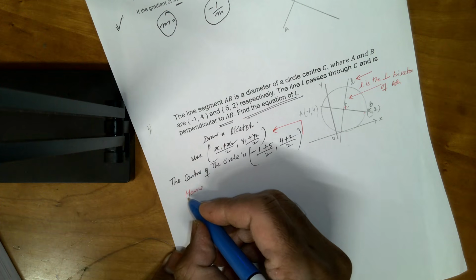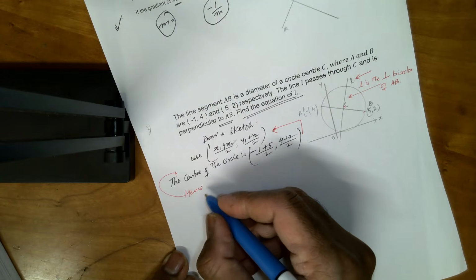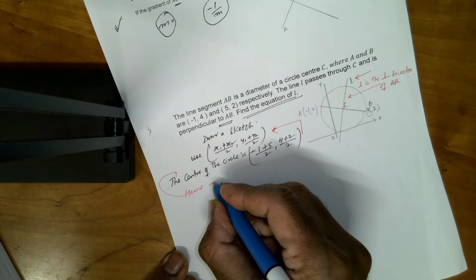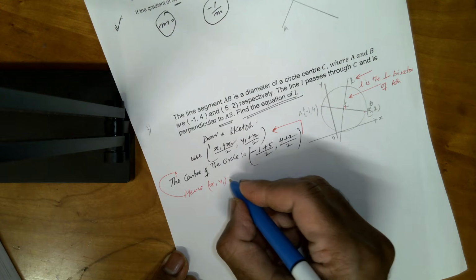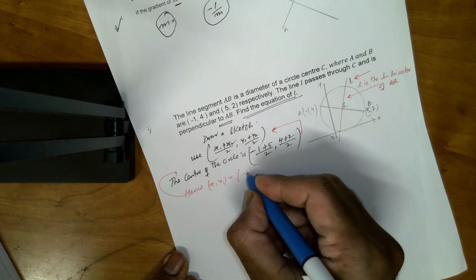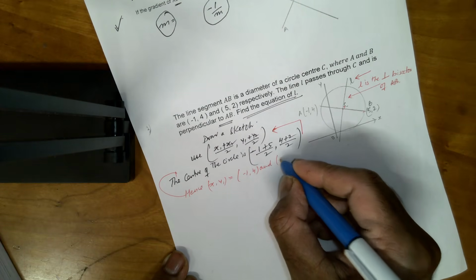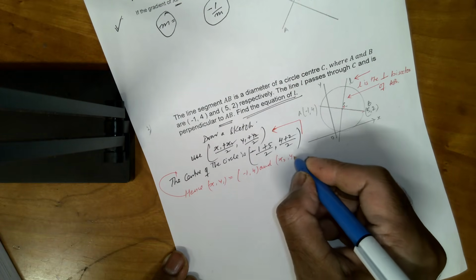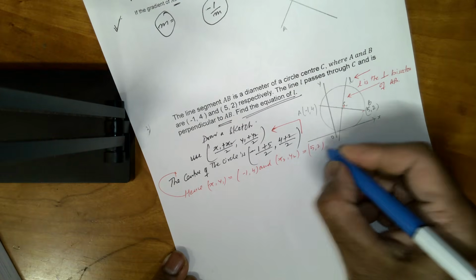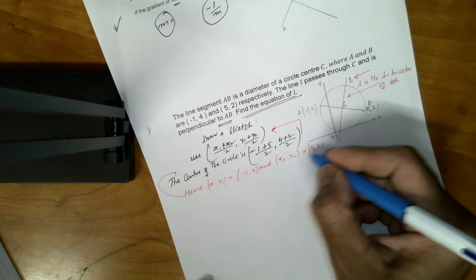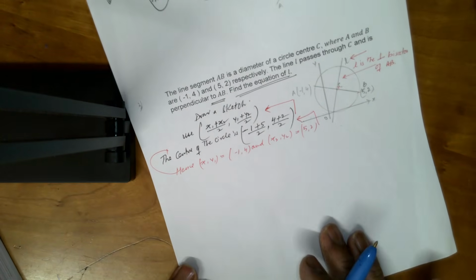Hence, your x1 y1 is equal to -1 and 4, and your x2 and y2 is equal to your 5 and 2. Okay, and this is what we got from there.